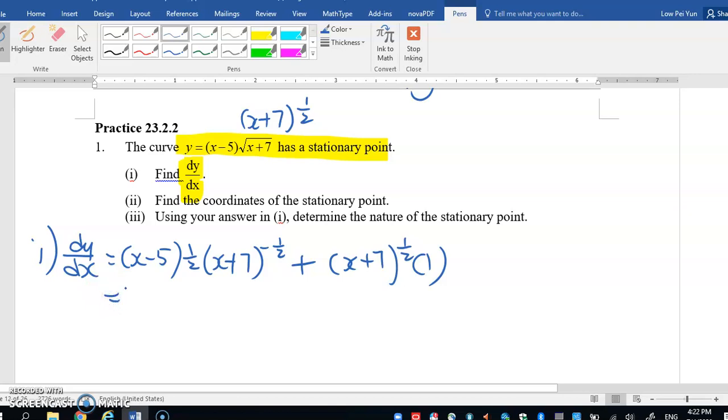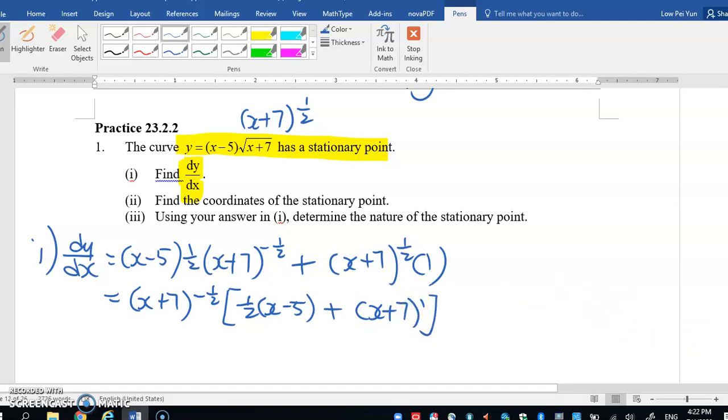I'm going to use factorization. x plus 7 to the power of negative half, and I have over here half of x minus 5, plus, over here I take out negative half, I'm going to be left with x plus 7 to the power of 1.